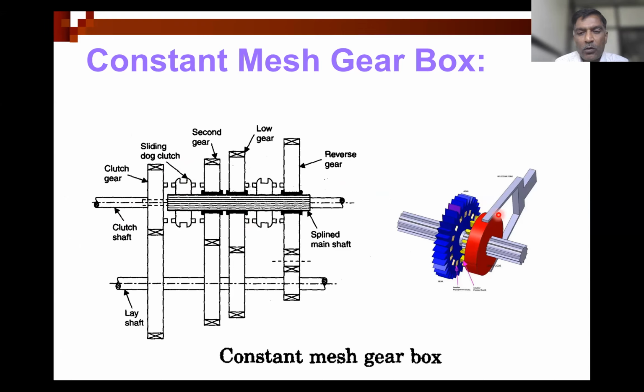This is the sliding dog clutch. This is the gear on the main shaft.